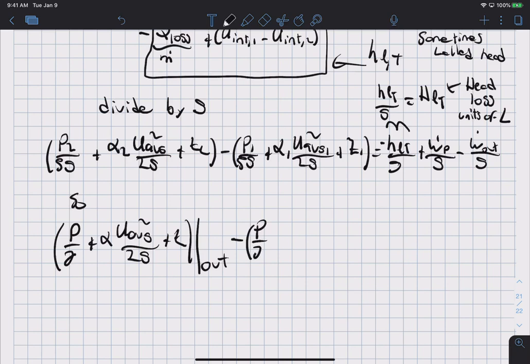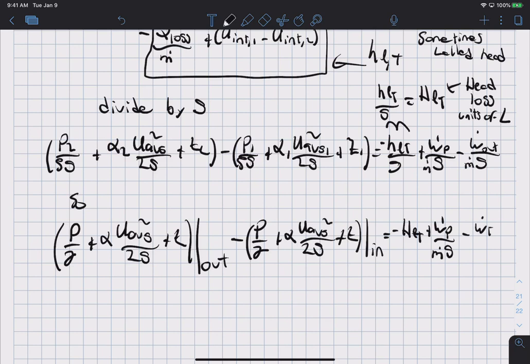Minus P over gamma plus alpha u averaged squared over 2g plus Z at the inlet of the pipe is equal to minus the head loss plus the pump work in over m dot g, I forgot m dot's over here, minus the work out due to turbines, over m dot g.